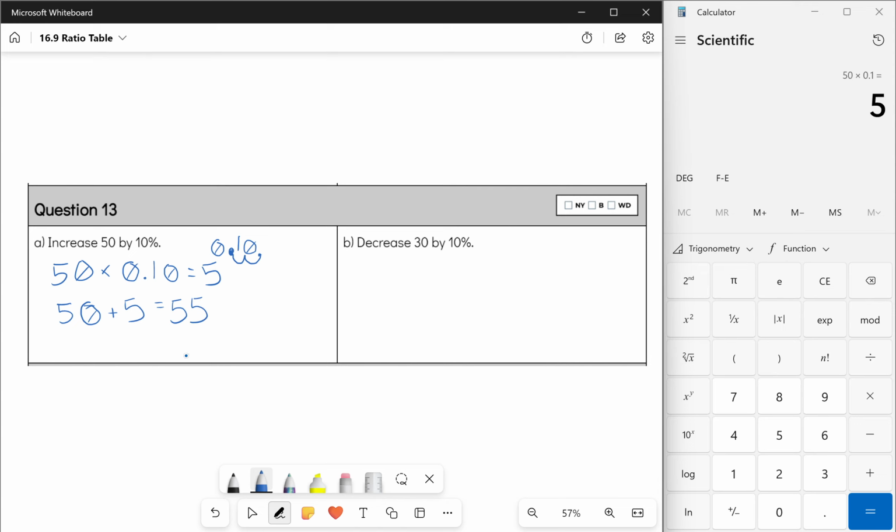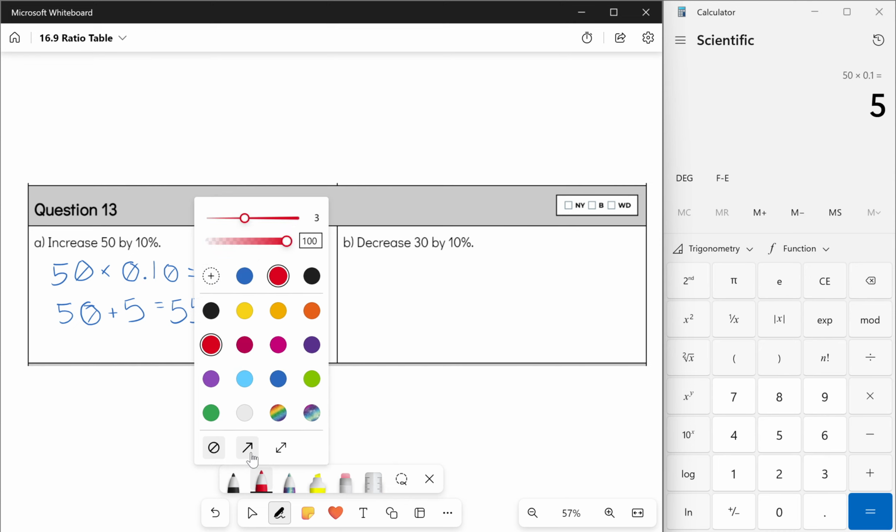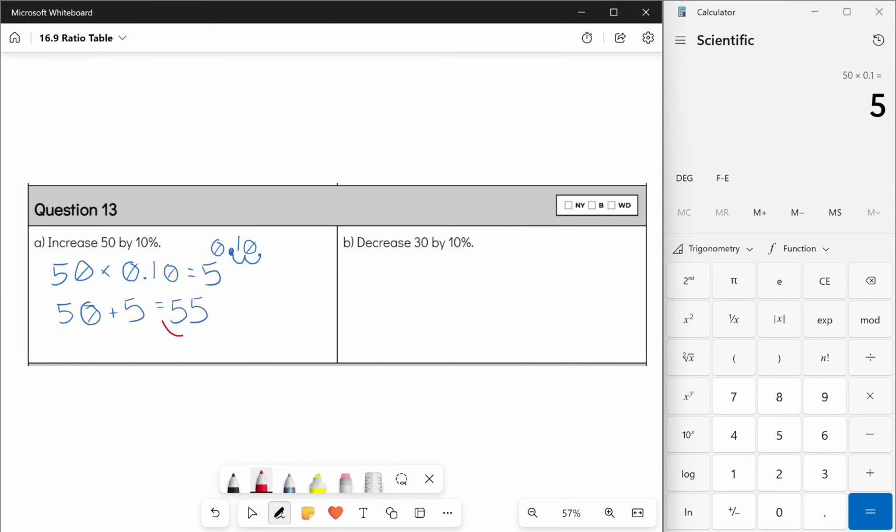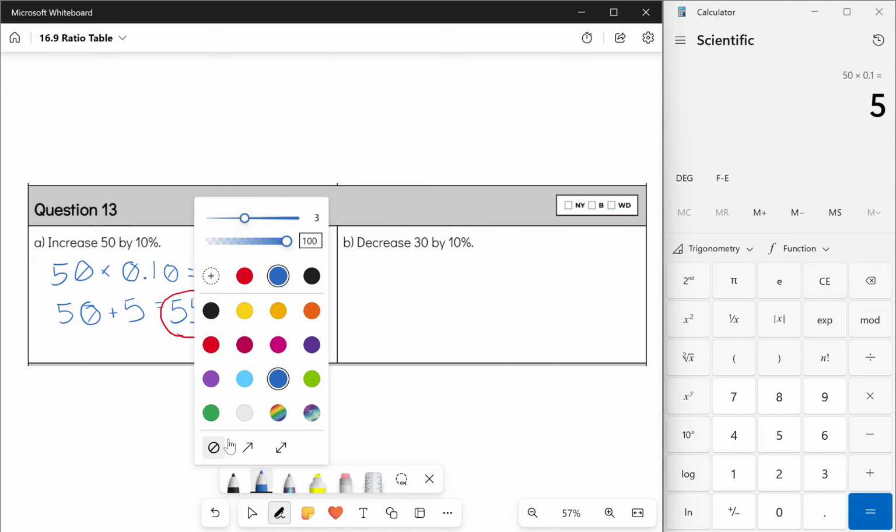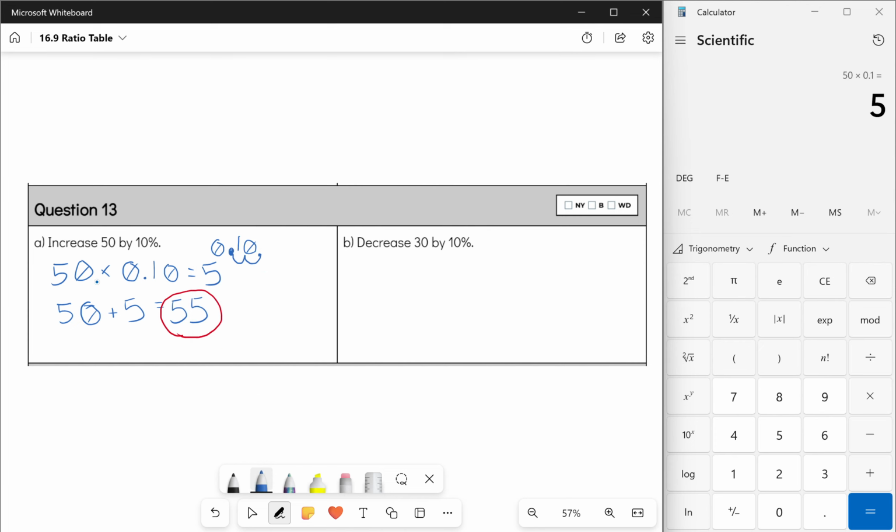So 55 is going to be our final answer, and all of our final answers get circled in nice bright red, so whoever's reading and grading can see exactly what we intended to show as our answer. There we go.